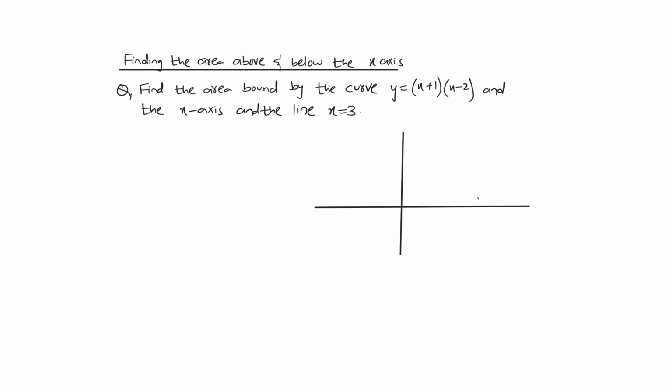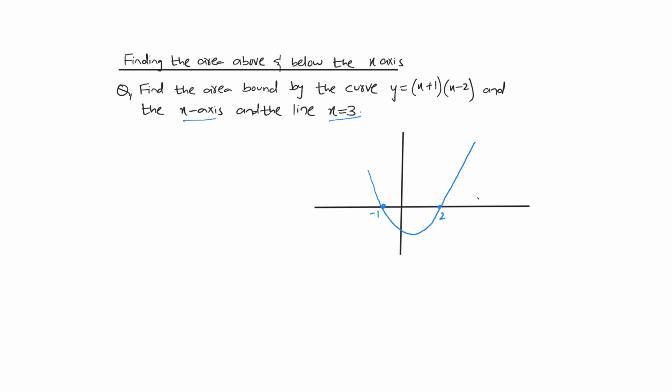So y equals (x plus 1)(x minus 2) is a quadratic equation with roots at -1 and 2. You need to find the area bounded by this curve, the x-axis and the line x equals 3.